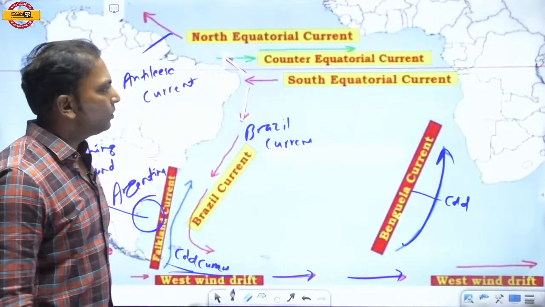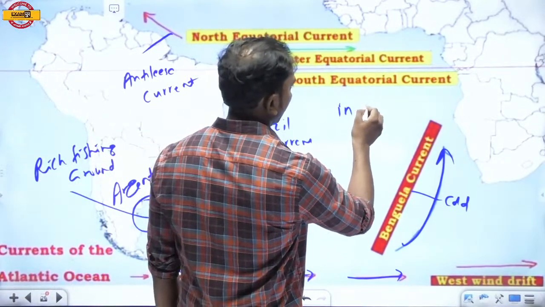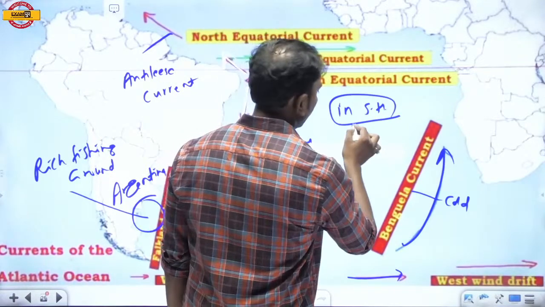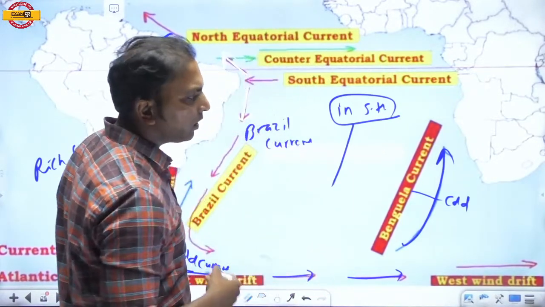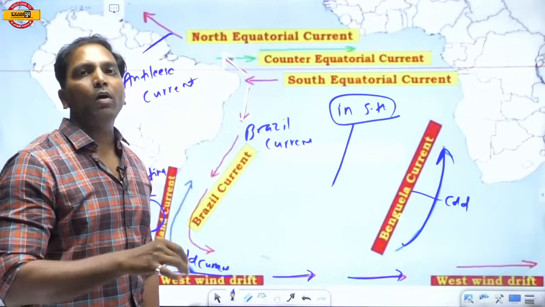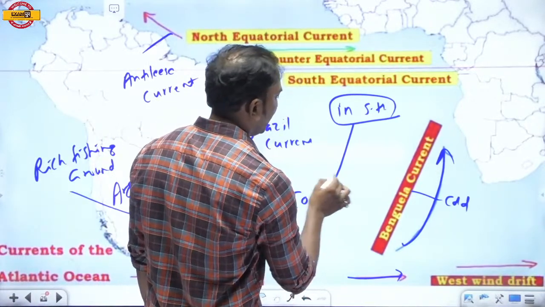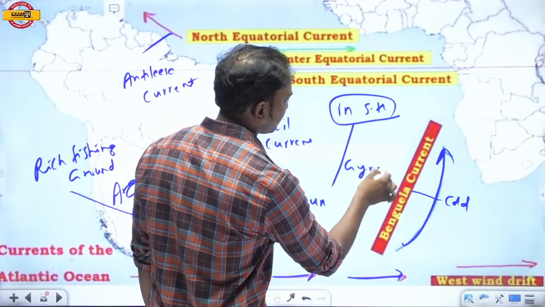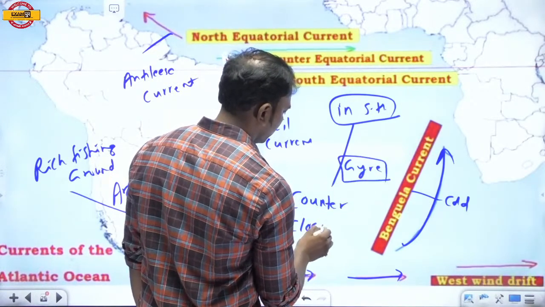Okay. So in the southern hemisphere, the direction or circulation of oceanic water is counterclockwise. The circulation of water is the gyre. If you talk about the gyre, it would be counterclockwise.